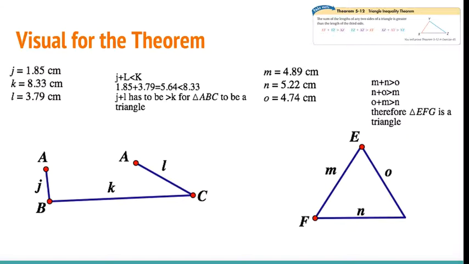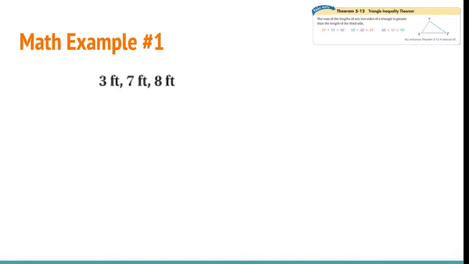In the next triangle, triangle EFG, it is a triangle because M plus N is greater than O, N plus O is greater than M, and O plus M is greater than N, so it works with the triangle inequality theorem. Let's try an example.